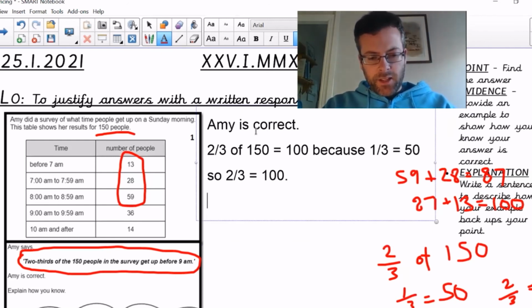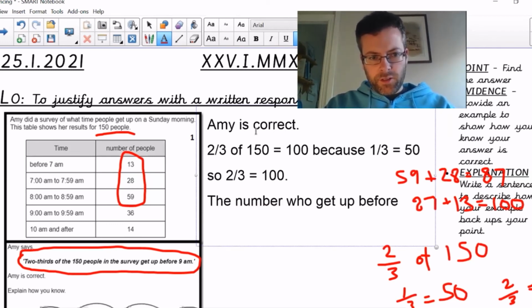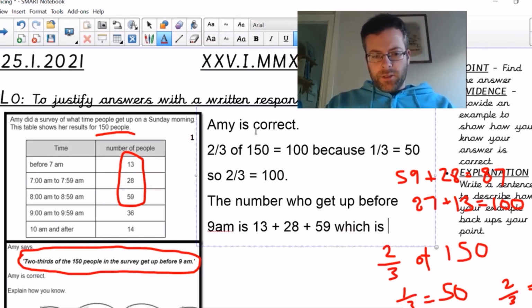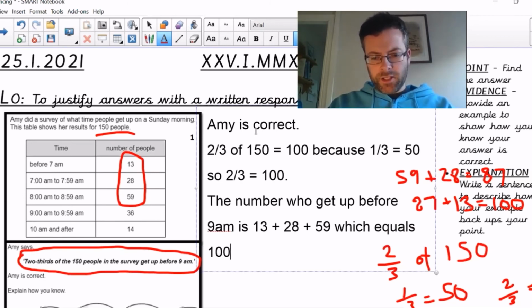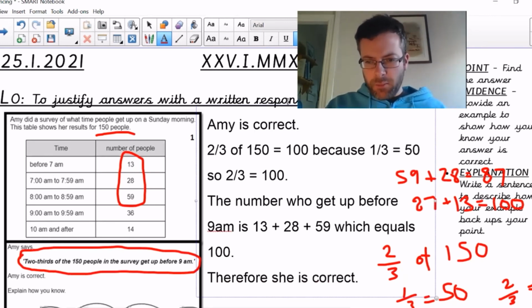Then we say the number of people who get up before 9 a.m. is 13 add 28 add 59, which equals 100. That's my evidence. And then I'd say, therefore, she is correct. And then I've got my working out there as kind of extra evidence for it.